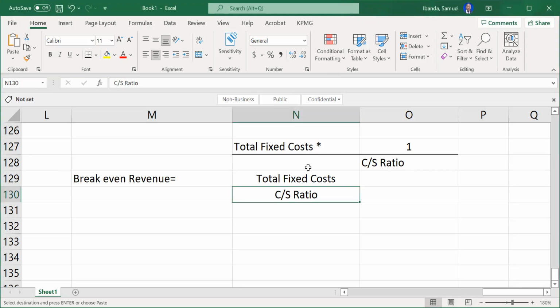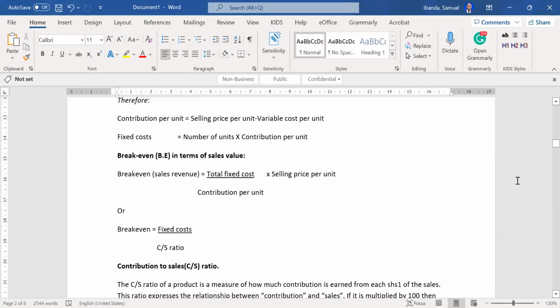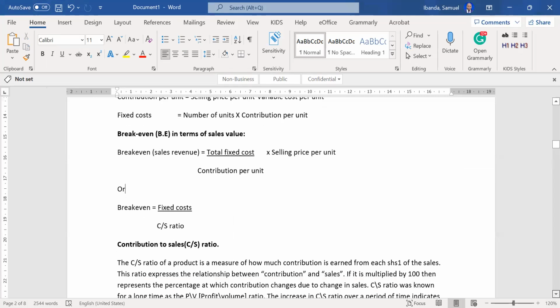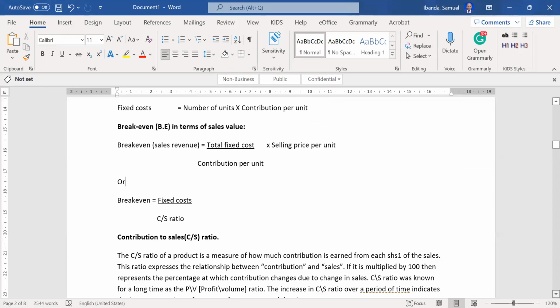So CS ratio is very important. Like CS ratio is the contribution to sales ratio. And what it's trying to look at, like we said, is contribution: to what extent are your variable costs vis-a-vis your sales revenue.